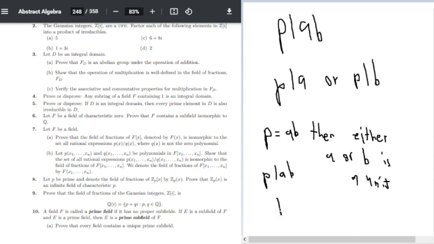So either P divides A or P divides B. So then we have that A is equal to PC, which means that P is equal to PCB, or that 1 is equal to CB, which means that C and B are units, which means that B is a unit.